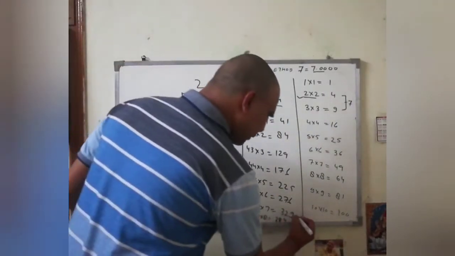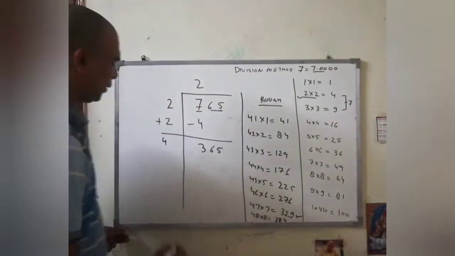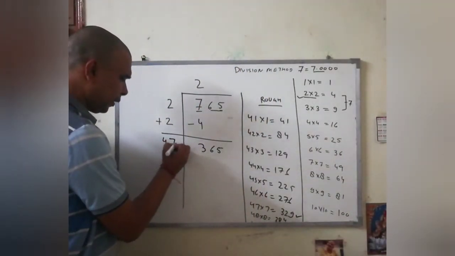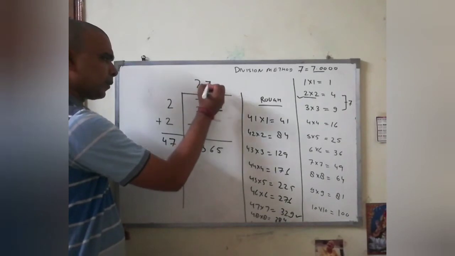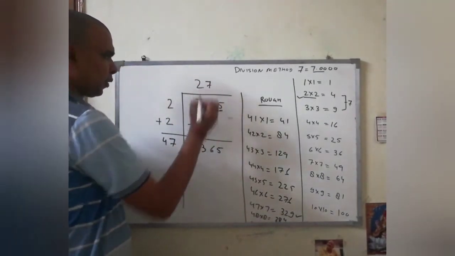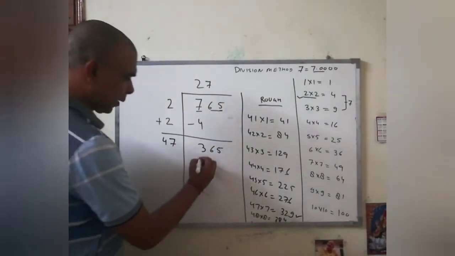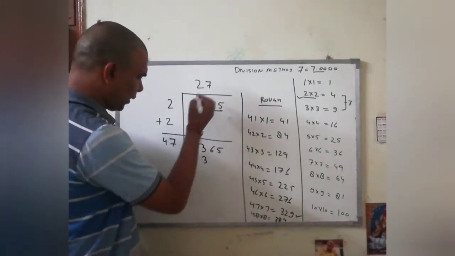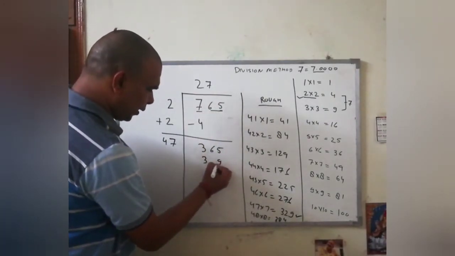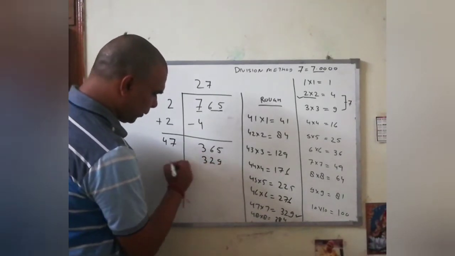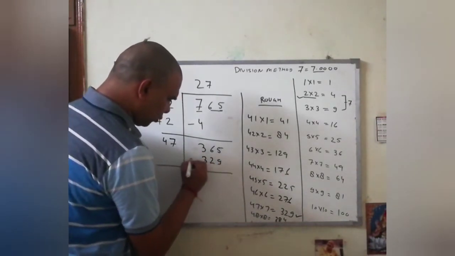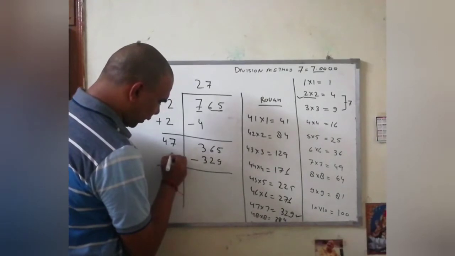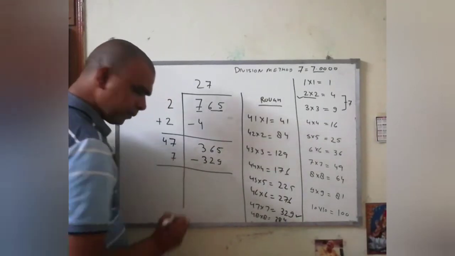So we will be selecting 47 into 7. So we will be putting 7 here and 7 here. 7. Okay. So you will subtract, 329 is there, and you can multiply 7 and get 29, 329. Same way you can subtract it, and you will be putting 7 here.